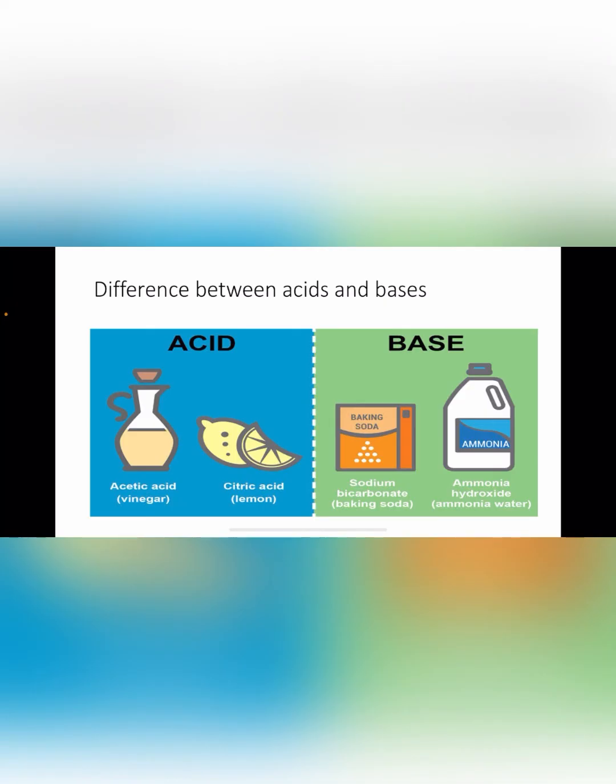So also let's look at the pH. The pH of an acid ranges from 1 to 7, whereas the pH scale of a base ranges from 7 to 14. So those are the differences between an acid and a base.